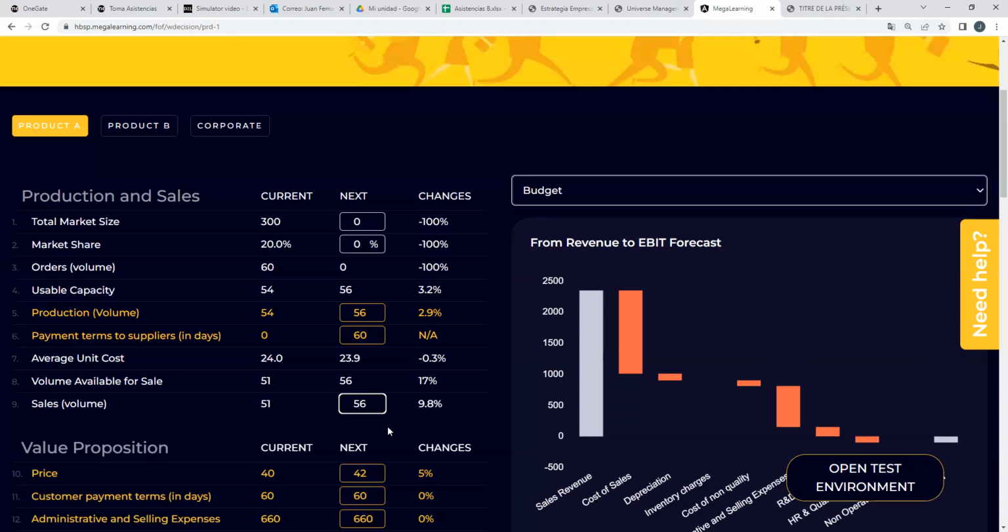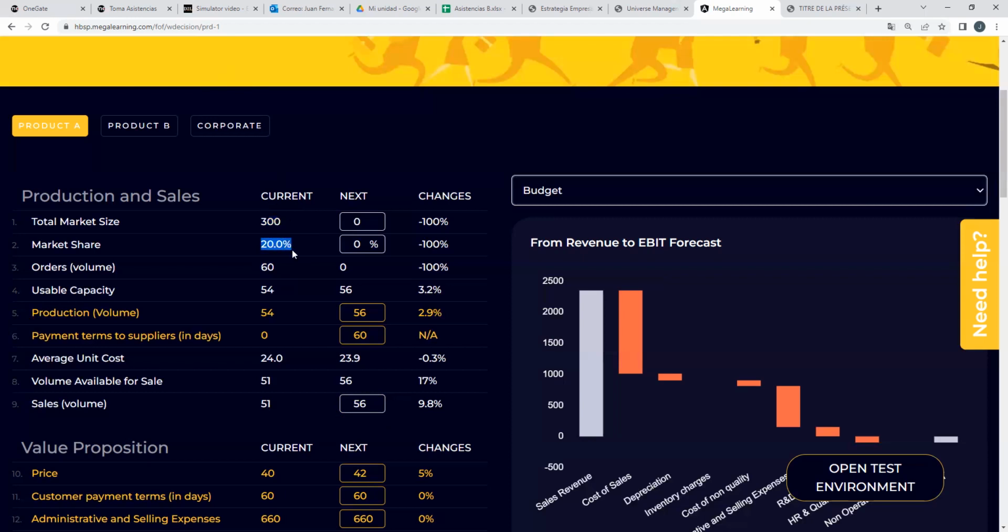The other one is only for making assumptions. Total market size means that all the companies have sold together 300 units. This is the market size. And the market share is 20%.